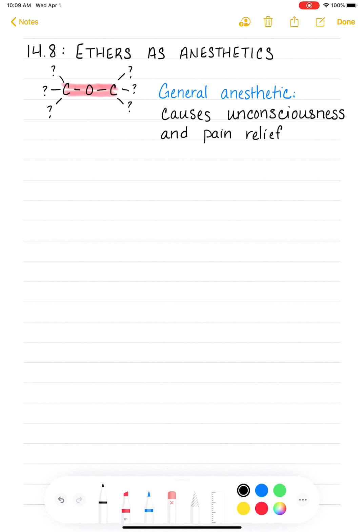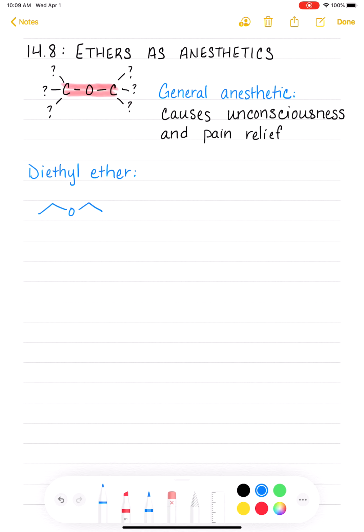So the way that ethers are connected to anesthetics is that the very first general anesthetic used was an ether. It was an ether called diethyl ether. Diethyl ether's structure looks like this.